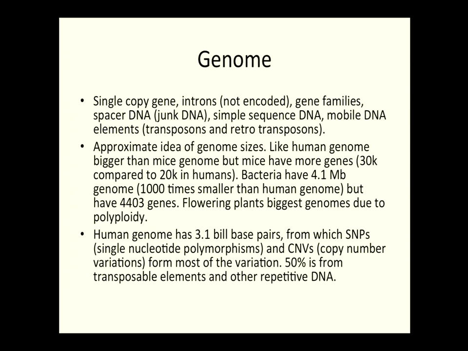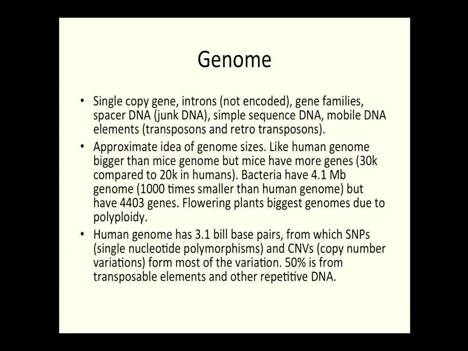So genome, what's in a genome? You have single copy genes, you have introns, you have gene families, spacer DNA, simple sequence DNA, mobile DNA elements. So just kind of have a basic idea of what's in a genome. And then have an approximate idea of genome sizes. So if I ask you, if you have a bigger genome, do you have more genes?